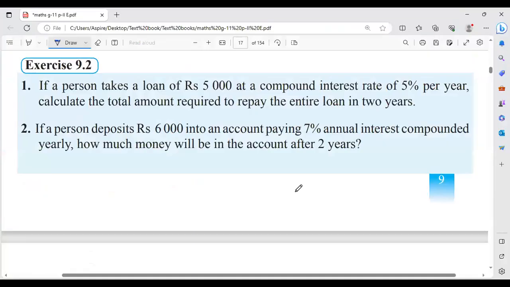Okay. Move to exercise 9.2, you can solve this one using the second method. If a person takes a loan of 5,000 at a compound interest rate of 5% per year, calculate the total amount required to repay the entire loan in 2 years. Okay, write down the answer.